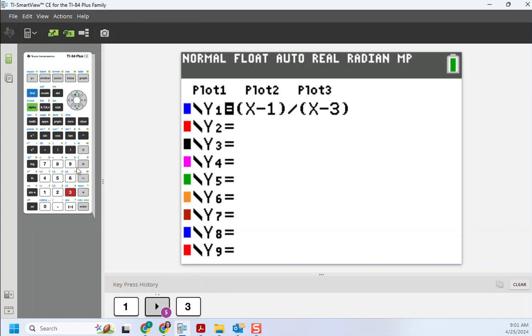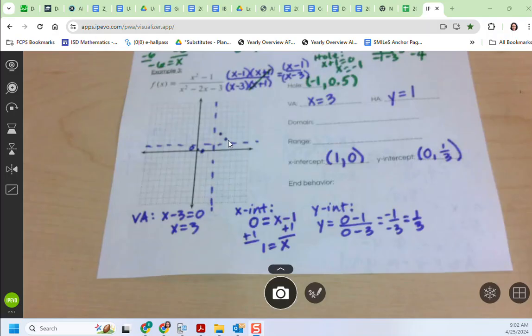The values I got from the calculator were 4, 3, and 5, 2, so I'm going to graph those there, and then sketch your branches in.